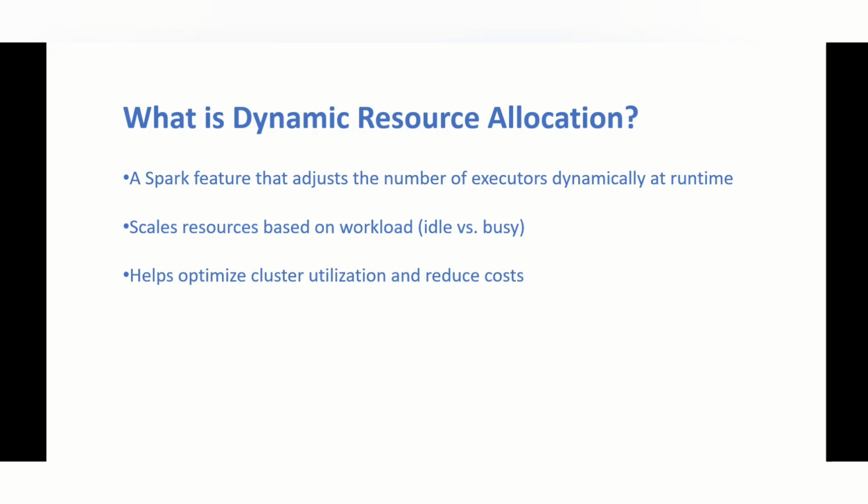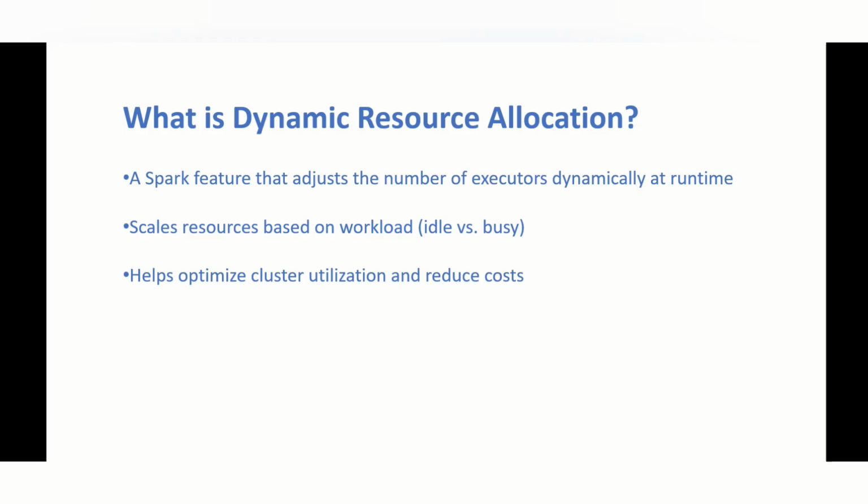But if you configure dynamic allocation, while running the job it can handle the resources by itself inside the Spark application. You don't have to do anything from outside. Anyways, you cannot do anything from outside. If you want to, you have to stop the job, change something, and then rerun it.